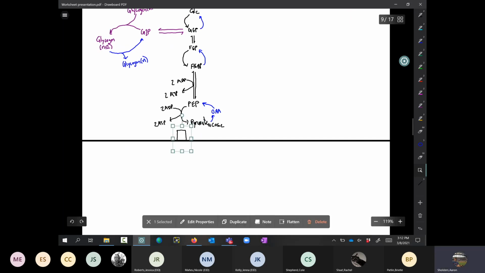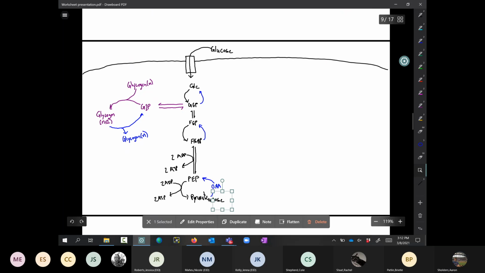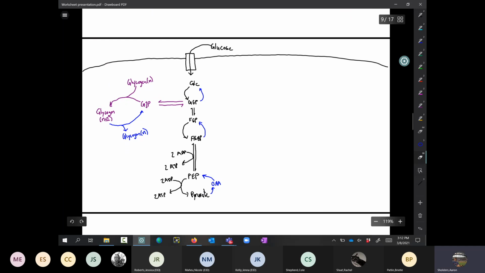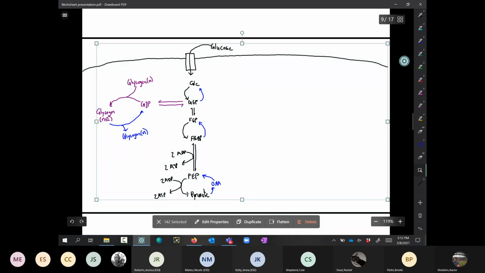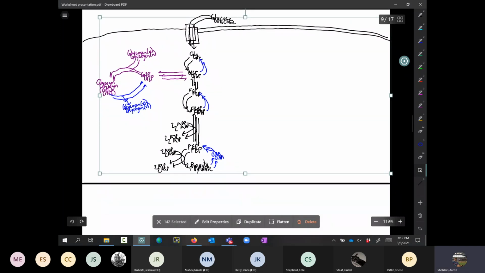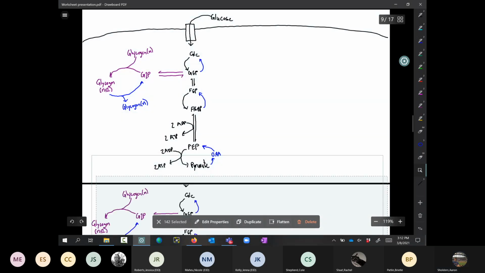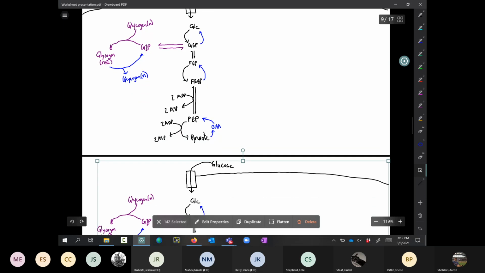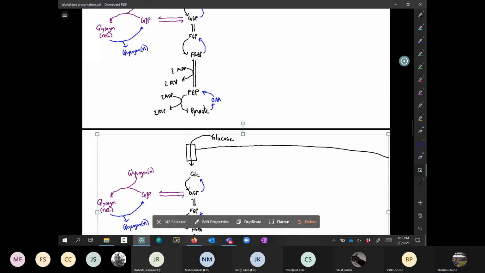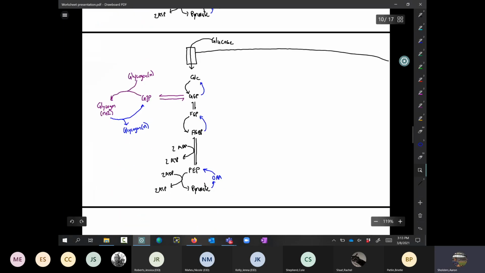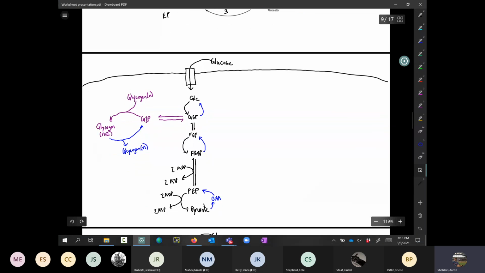This will pay dividends later on. Trust me. Yeah, there we go. Copy all that again. Because what we want to try and do this in is both muscle and liver. All right, so let's go back up here now.